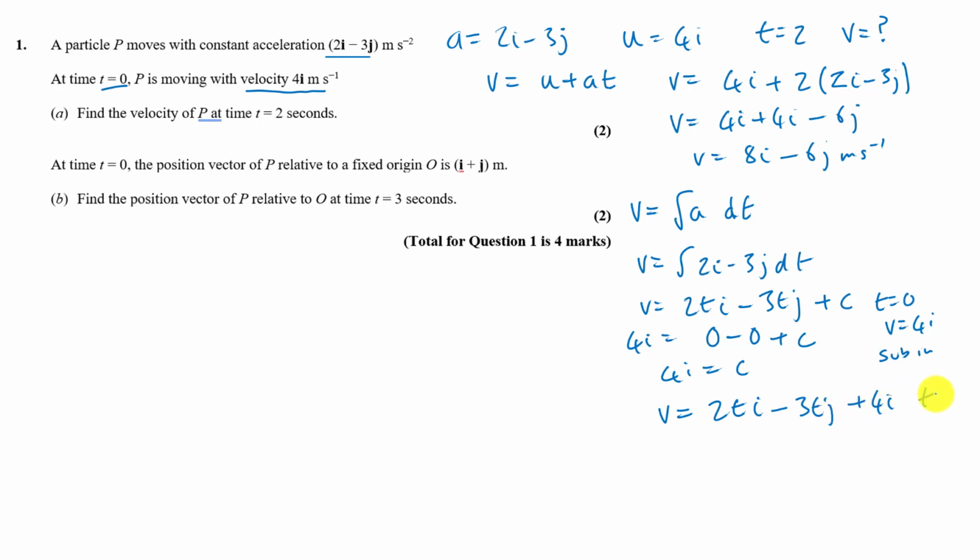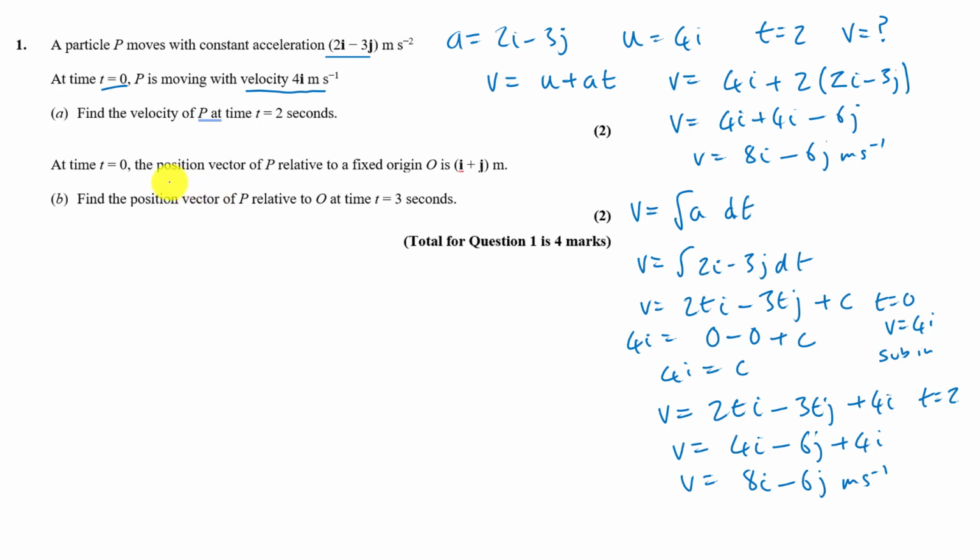Now let's select t equals 2. We're going to get v equals 4i minus 6j plus 4i, and then we get the same answer as before, v equals 8i minus 6j meters per second. Hope that makes sense, and that's a nice 2 out of 2 marks.